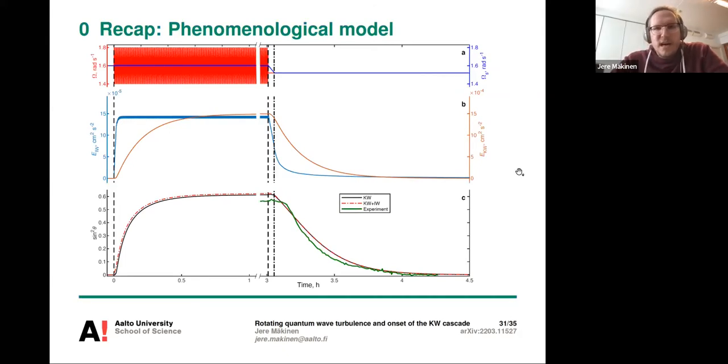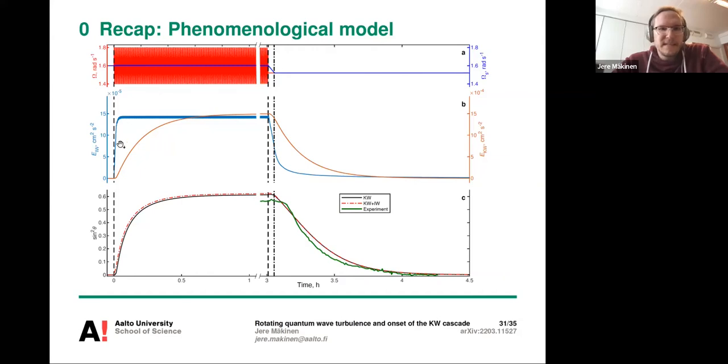Right, so this is how the results of this numerical simulation would look. When we start the modulation, the mean angular velocity doesn't really change, but when we stop the modulations, it goes linearly to the final value. If you look at the energies, you see that the energy in the inertial waves, which is the blue line, saturates much faster than that in the Kelvin waves.